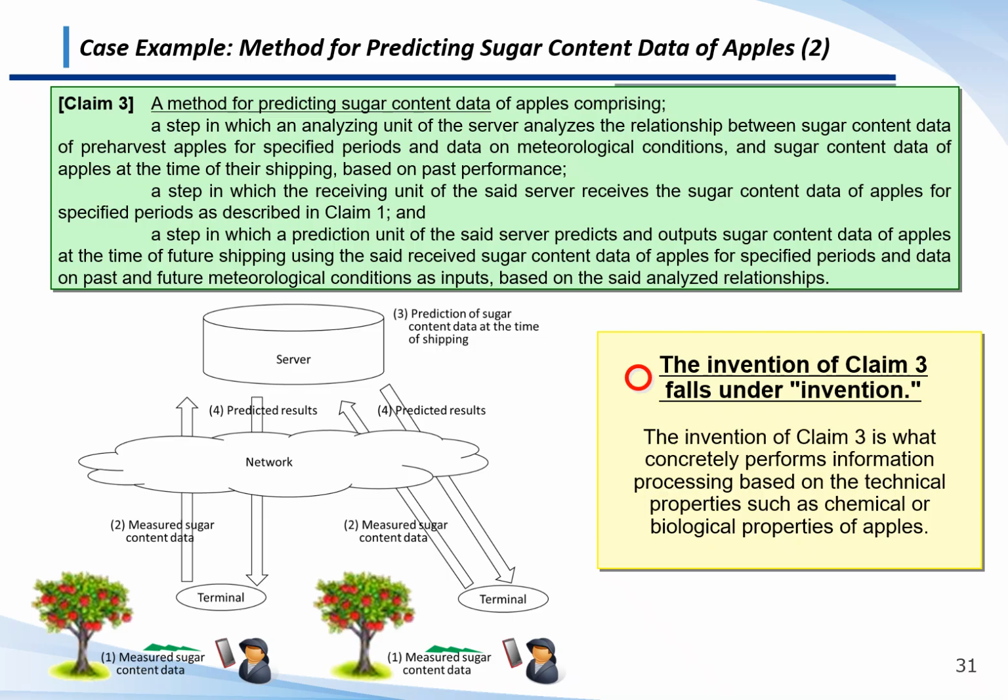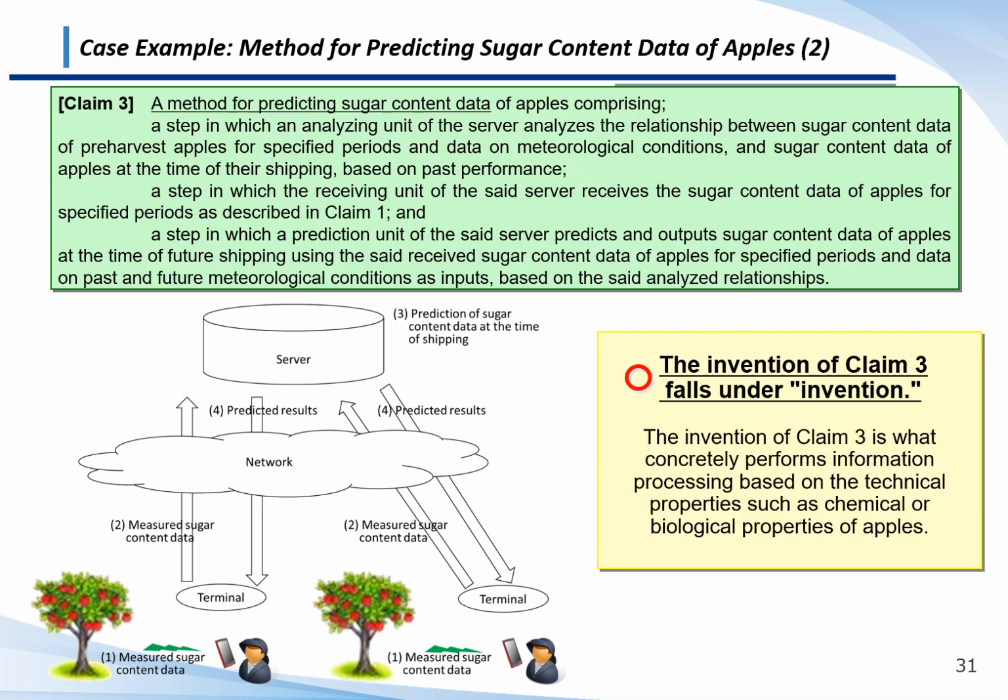The method comprises a step in which an analyzing unit of the server analyzes the relationship between sugar content data of pre-harvest apples for specified periods and data on meteorological conditions, and sugar content data of apples at the time of their shipping, based on past performance, a step in which the receiving unit of the server receives the sugar content data of apples for specified periods as described in Claim 1, and a step in which a prediction unit of the server predicts and outputs sugar content data of apples at the time of future shipping using the received sugar content data of apples for specified periods and data on past and future meteorological conditions as inputs, based on the said analyzed relationships.